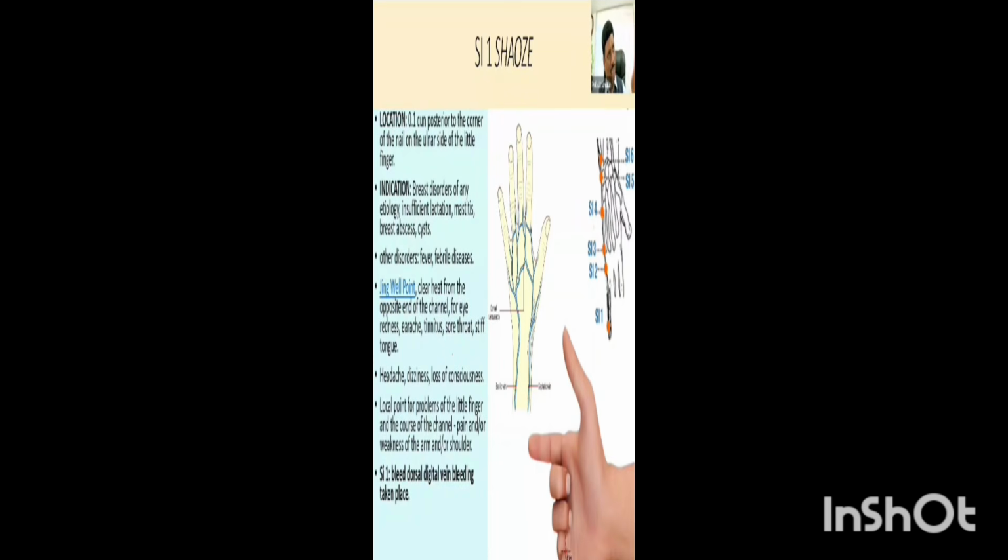So therefore, two meridian philosophies are incorporated by using this one point known as Shaoze. The starting point of the meridian itself is small intestine 1.